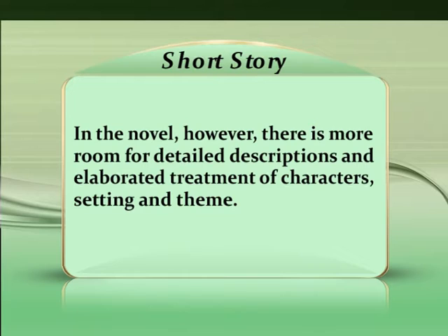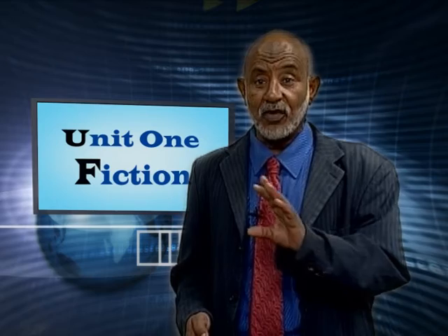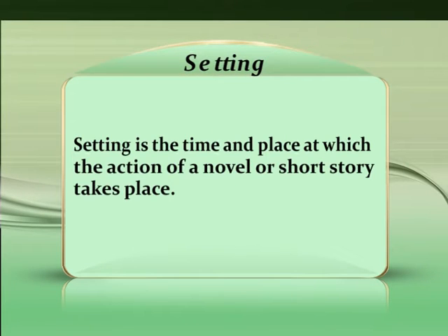Elements of fiction. We are going to have the elements of fiction right now. We are moving towards the topic in a better way. Let us have setting, which is the first one of the elements of fiction. Setting is the time and place at which the action of a novel or short story takes place.